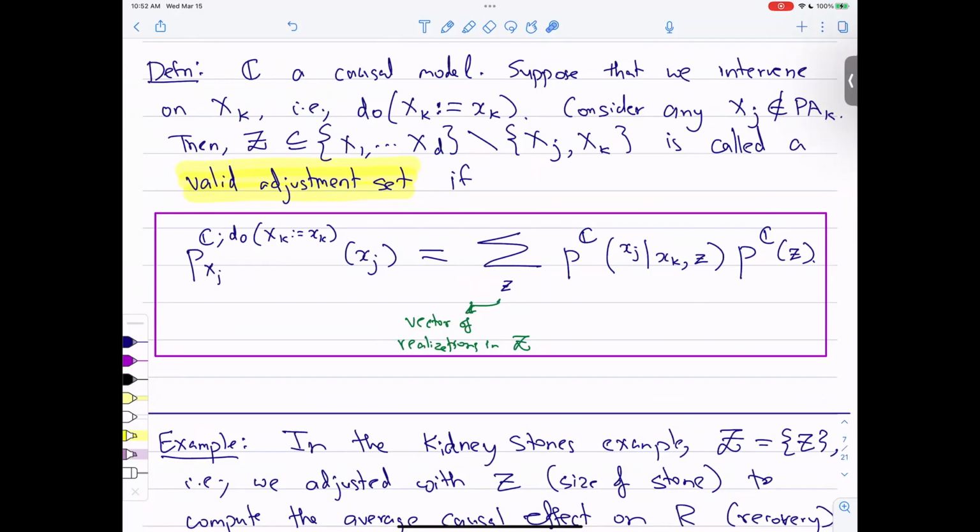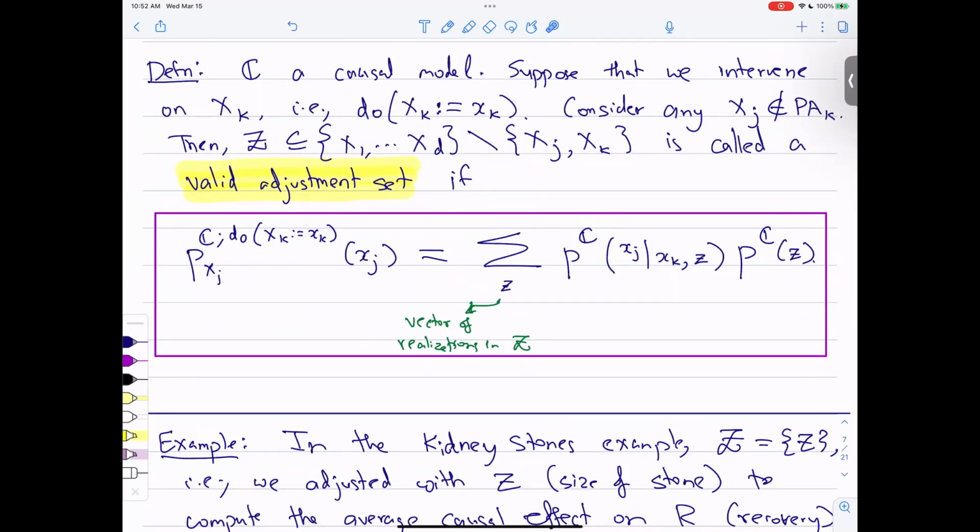You give me a set of Z which satisfies this equation, then that is a valid adjustment set. Maybe Siva gives me a different set of Zs which satisfies this equation. That's also a valid adjustment set. I'm not making any statement about uniqueness. What I'm saying is that you have to know both Xk and Xj to give me the Z.